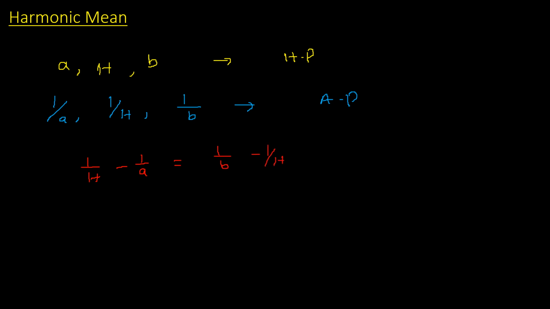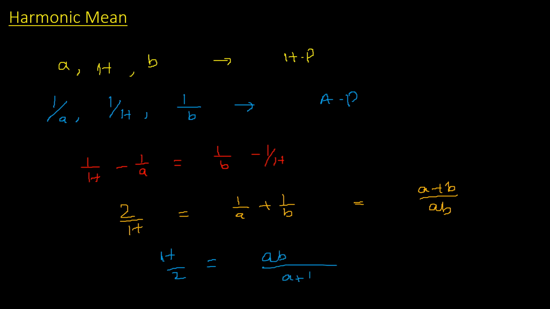And if we simplify it, we get 2/H equals 1/a plus 1/b, which is equal to (a+b)/ab, right? So as they are equal, then H/2 will be equal to ab/(a+b).